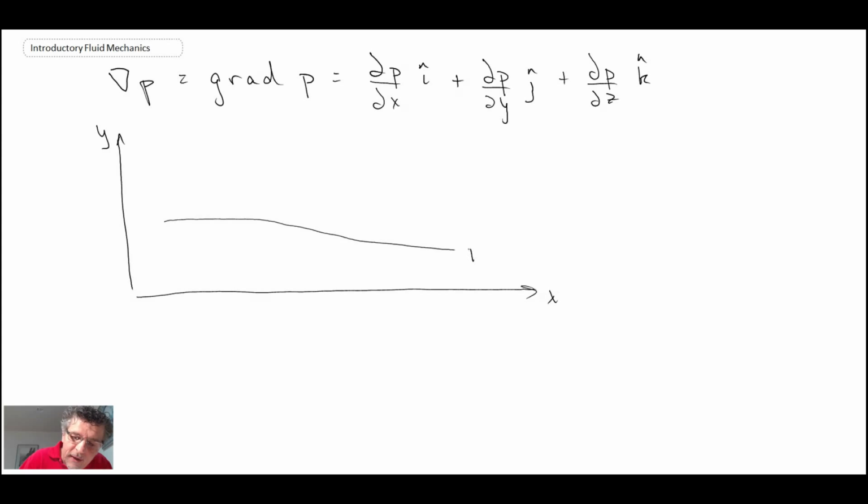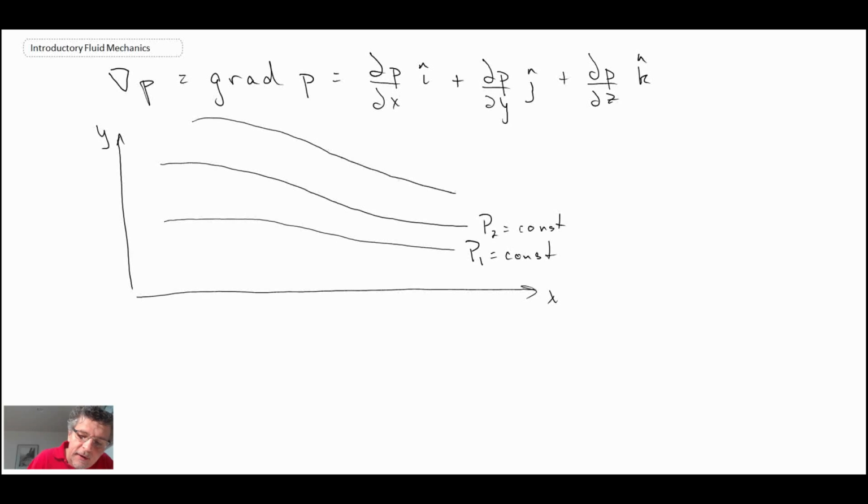So we'll have P1 equals a constant. Then we'll have another line, that would be P2. And finally, we'll have another line up here, that would be P3. And these are isolines of pressure.